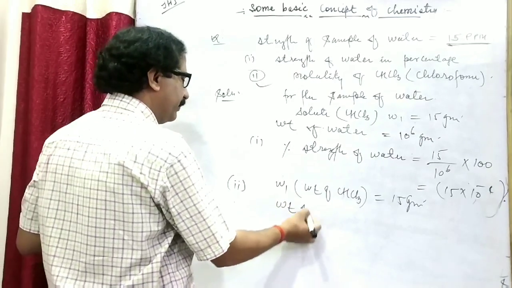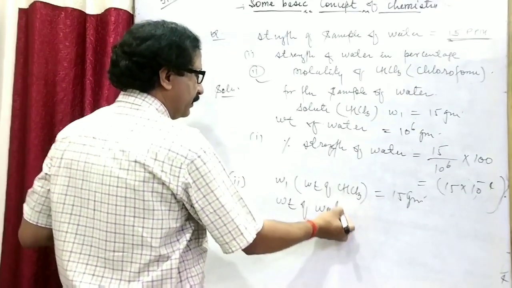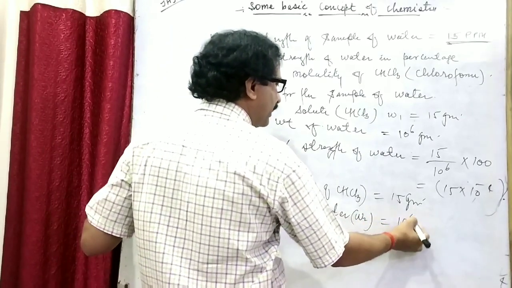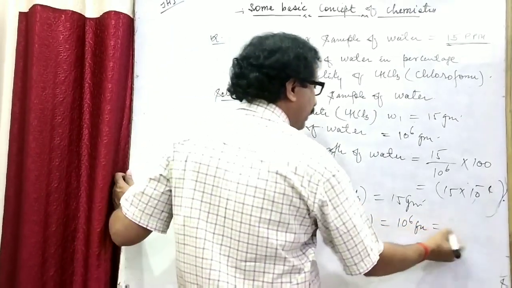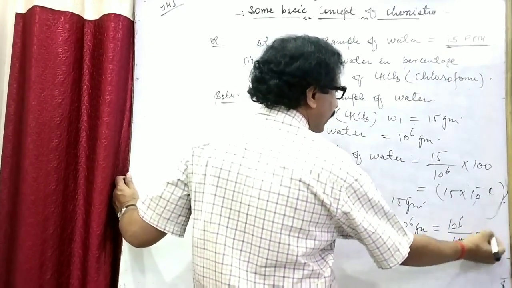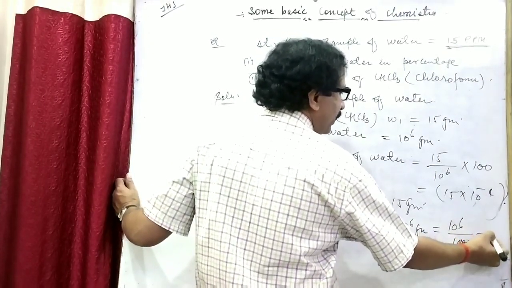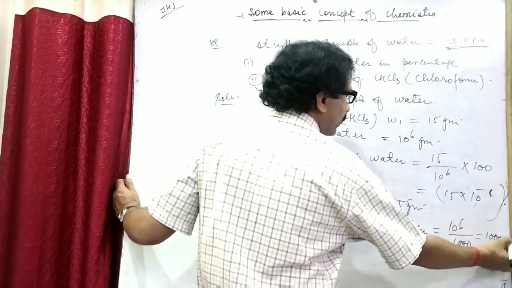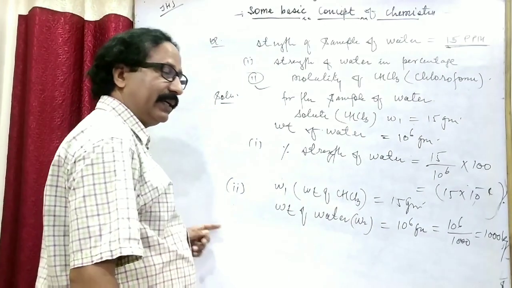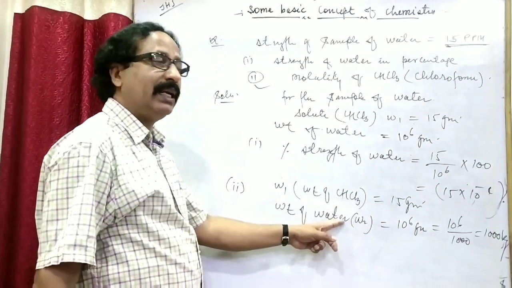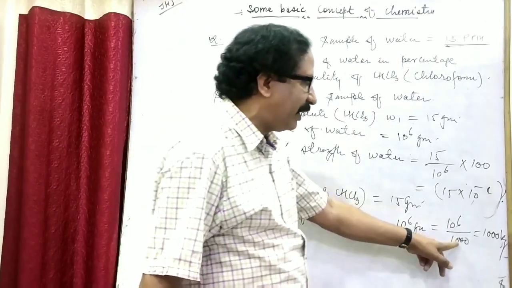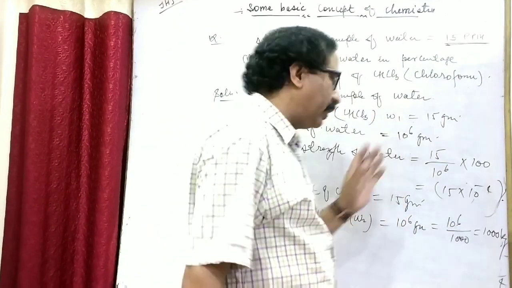And weight of water, that is W2, how much? 10 to power 6 gram. Divide by 1000, becomes 10 to power 3 kilogram. Because to decide the molality, weight of solvent must be taken in kilogram. Since it is given in grams, we have to divide by 1000 and convert into kilogram.